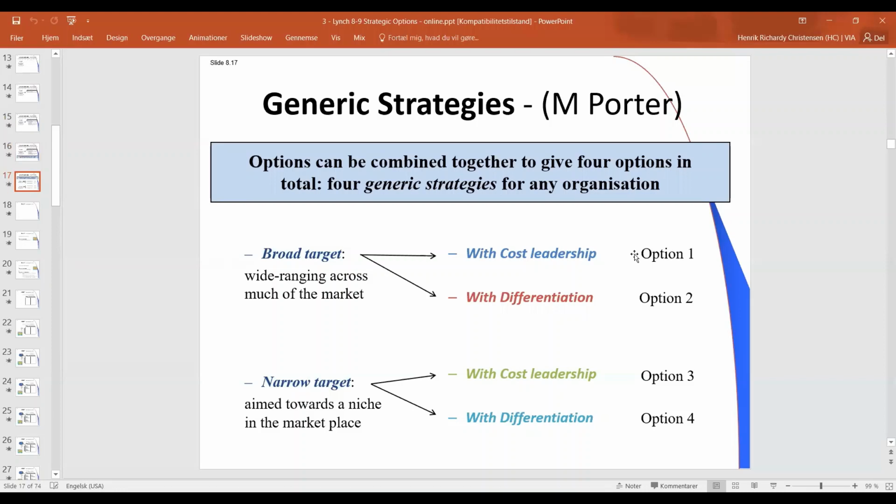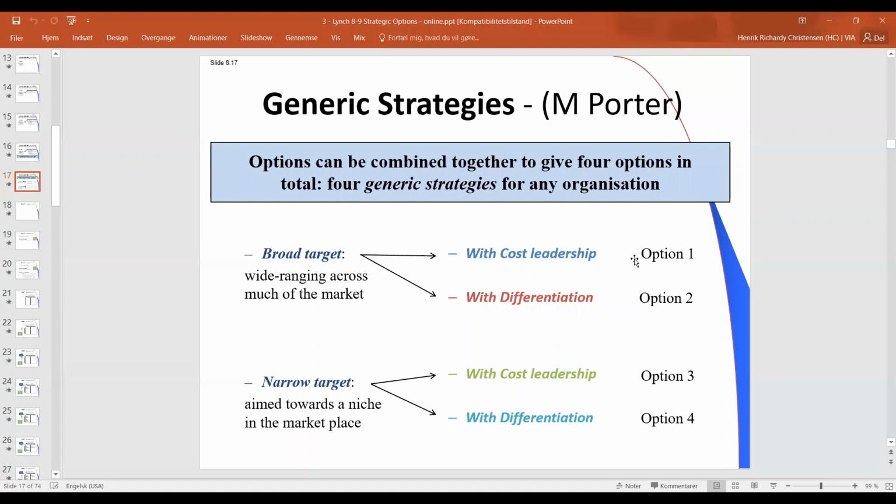Think back to what we talked about a few minutes before, that we are now systematically developing strategies for a company based upon the environmental analysis, in this case PASTEL. It could be Porter's 5 forces, customer analysis, competitor analysis, etc. Based on that analysis, we might be able to develop a strategy called broad target with low cost leadership.